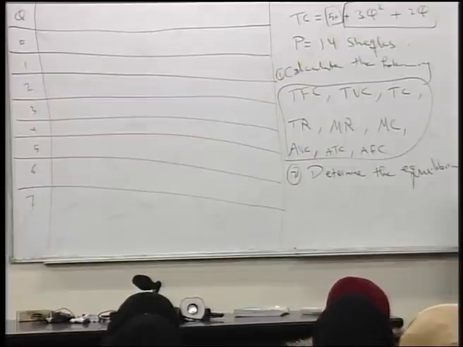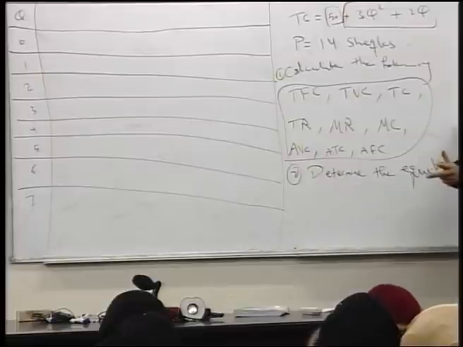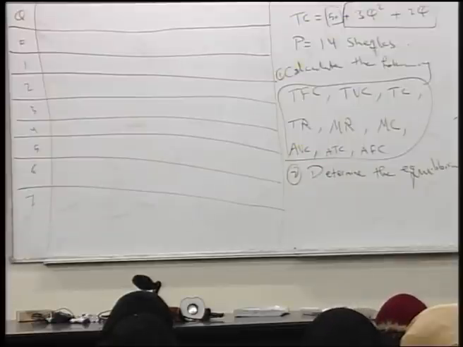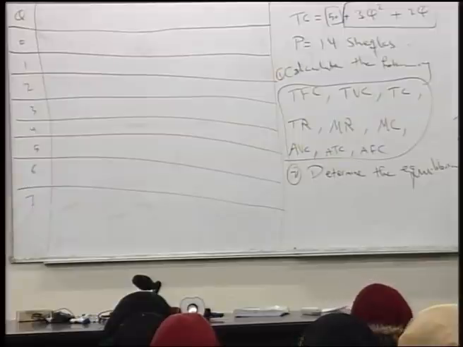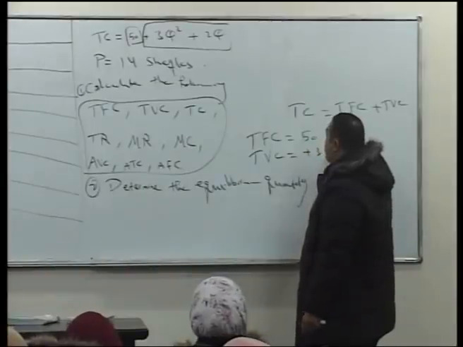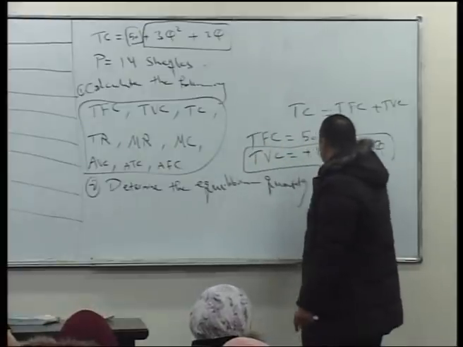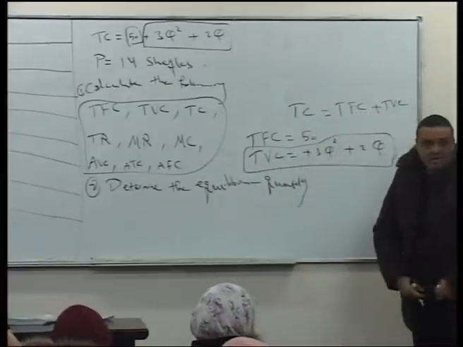So we have two functions. TFC equals 50. That's it, at Q equals 0. TVC function equals 3 quantity squared plus 2Q. This is the TVC, right?